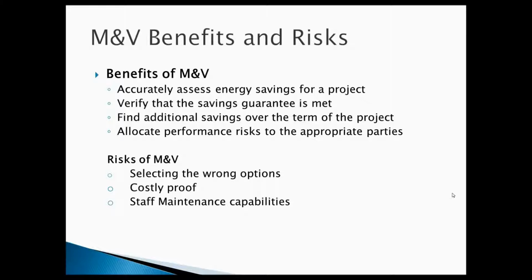And option A said, yes, I agree with you. We will get those savings. So it's stipulated. And that's great for lighting. It's not for controls. Don't put in option A on controls. You want to make sure that you have the right option because you're not getting measuring and verifying with option A in the majority of the instances.